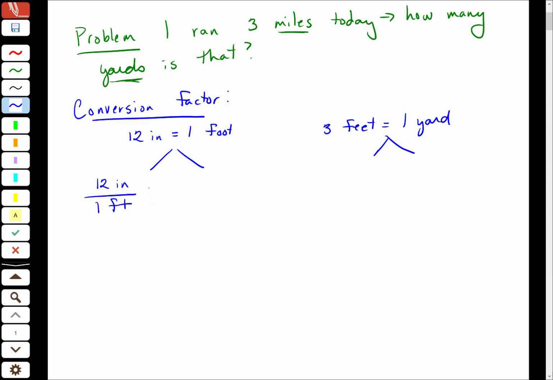So I'm going to use this and fractional reasoning to convert. The same thing is over here too. The 12 inches on the bottom and 1 foot on the top is the same thing as multiplying by 1. Okay, same thing here. 3 feet over 1 yard and 1 yard over 3 feet are the same sort of conversion factors, and again, I can multiply by this fraction without changing the quantity.